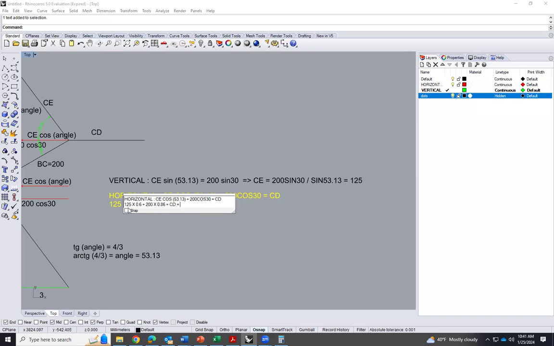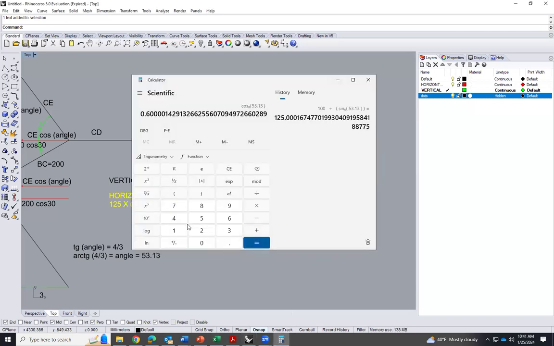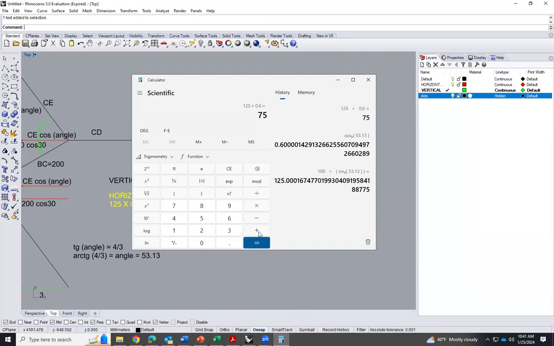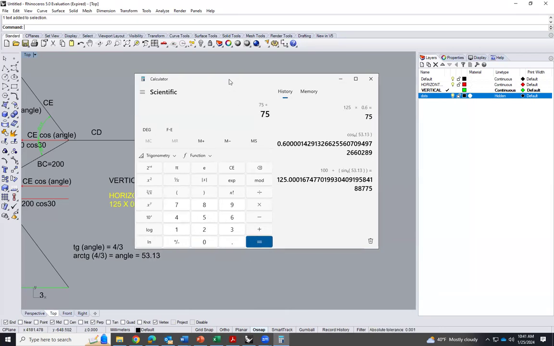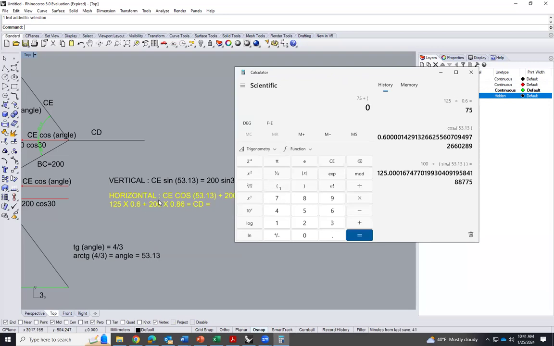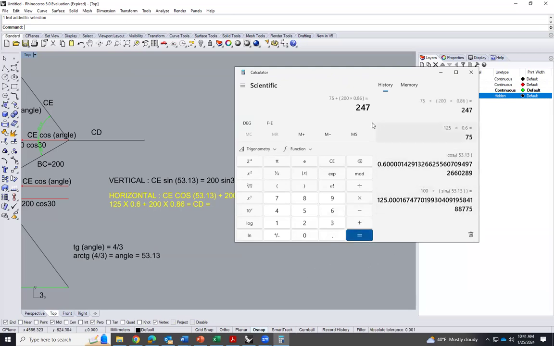So CD is 125 times 0.6 plus parentheses 200 times 0.86. Close parentheses, click OK, and this is 247.